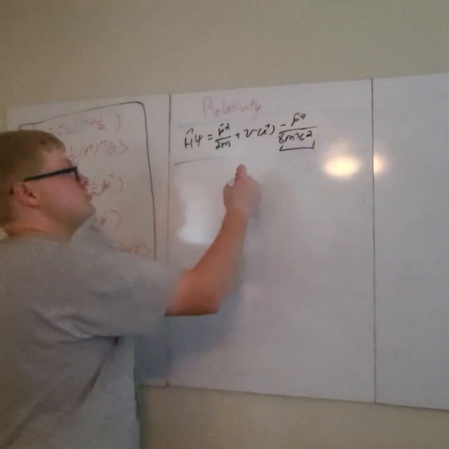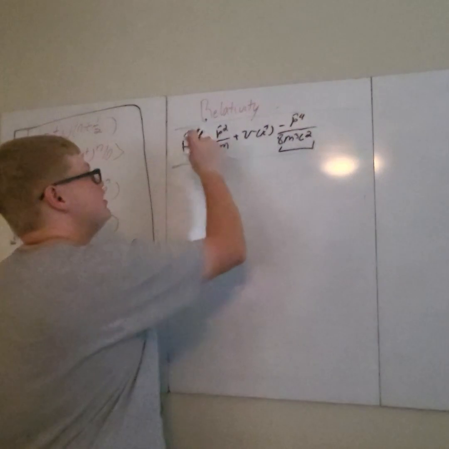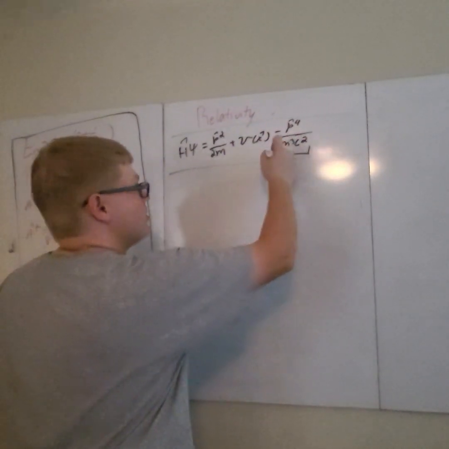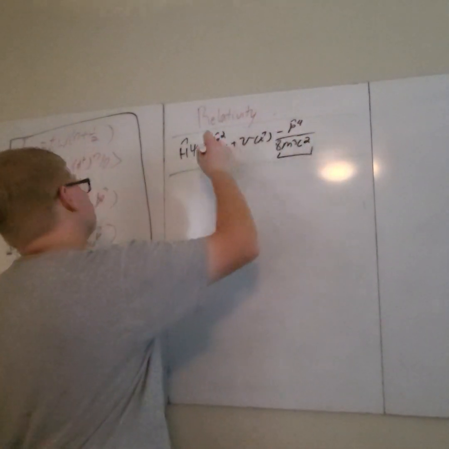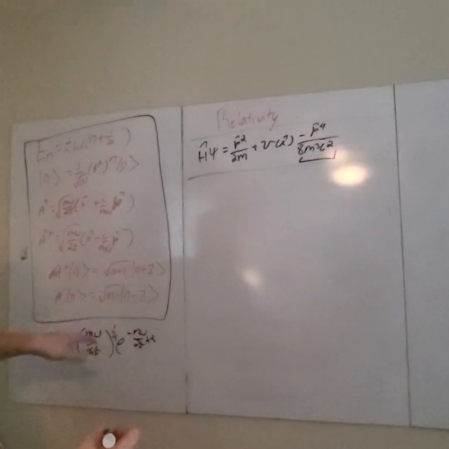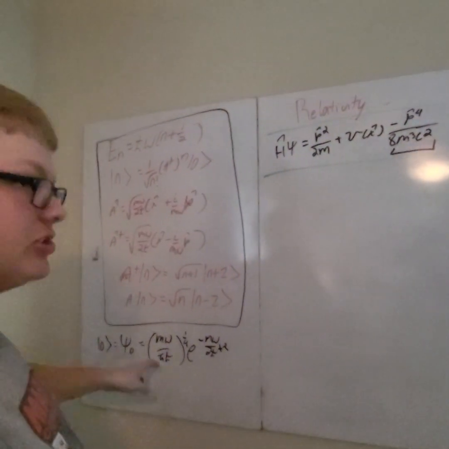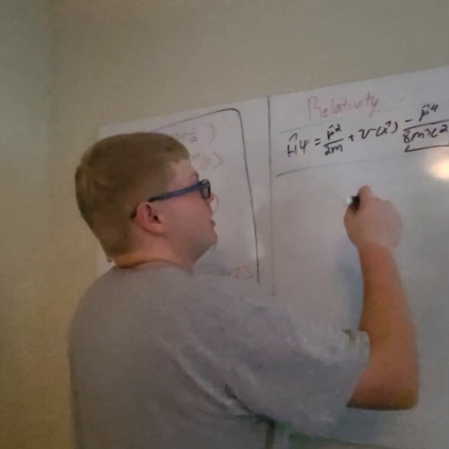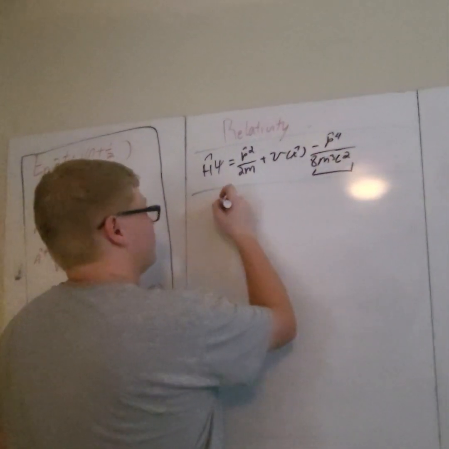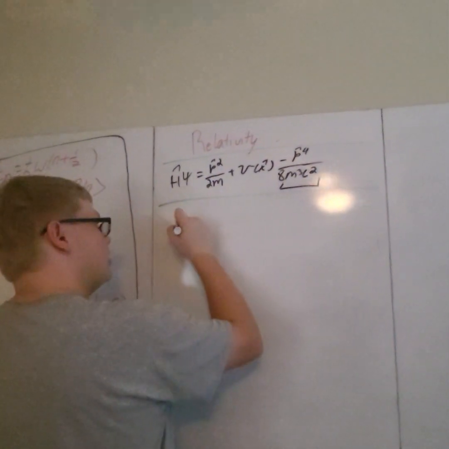So what we're going to do is calculate the relativistic corrections, with this term added on, to the energy of the harmonic oscillator, which we've solved all these little equations out here. So our equation has changed.